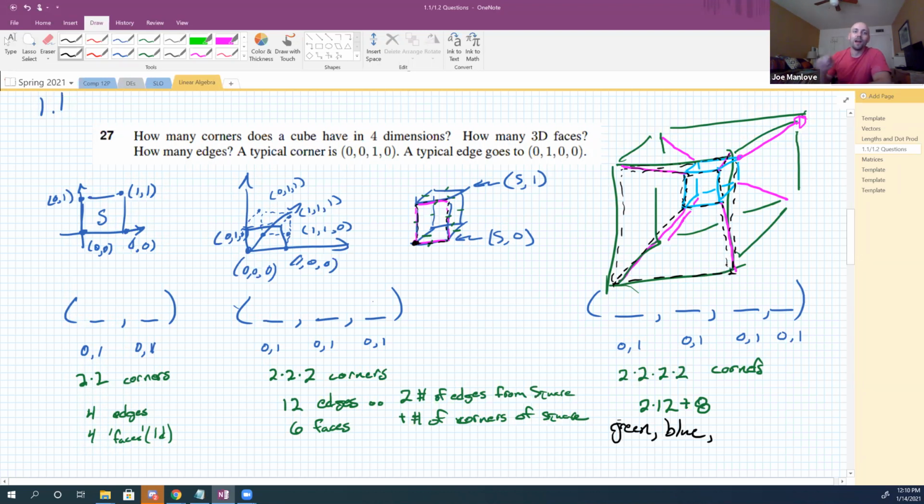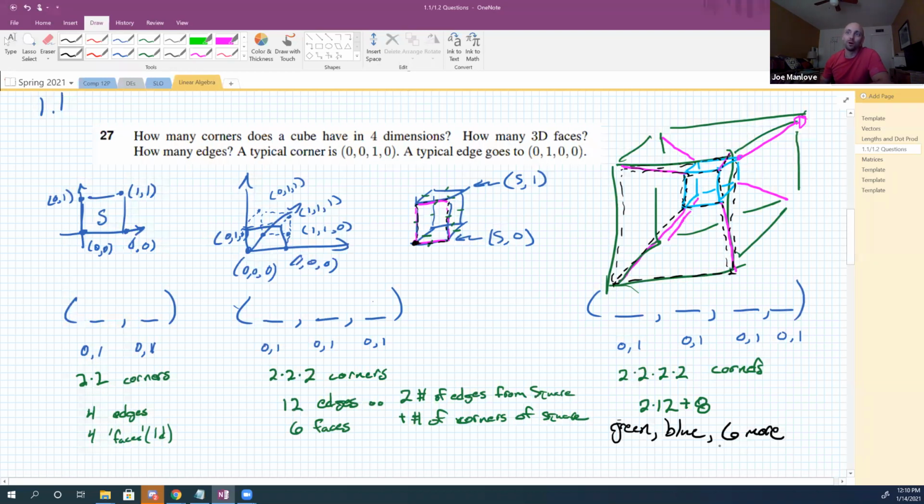Okay, now, how many ways are there to look through green at blue? 6. Good. There's 6, right? The faces of the old cube. So I've got green and blue and 6 more.